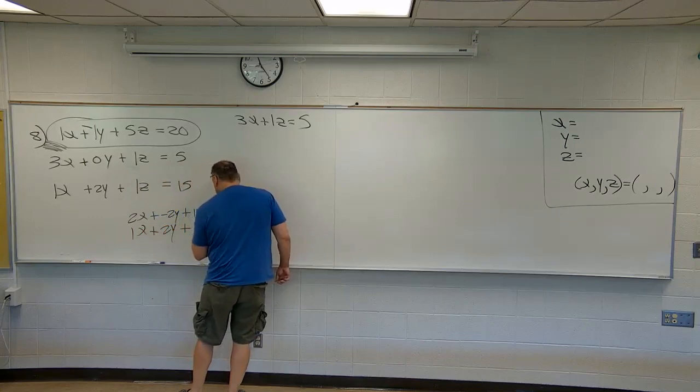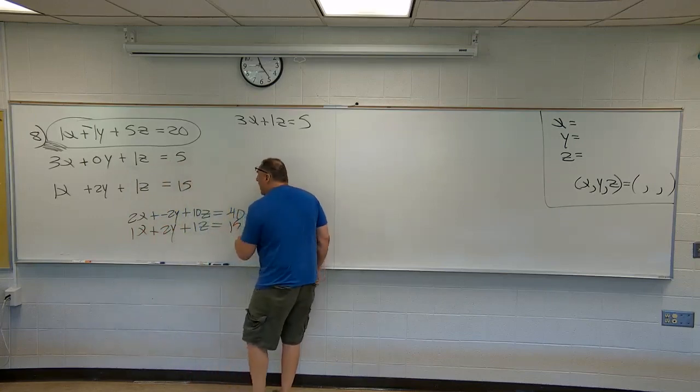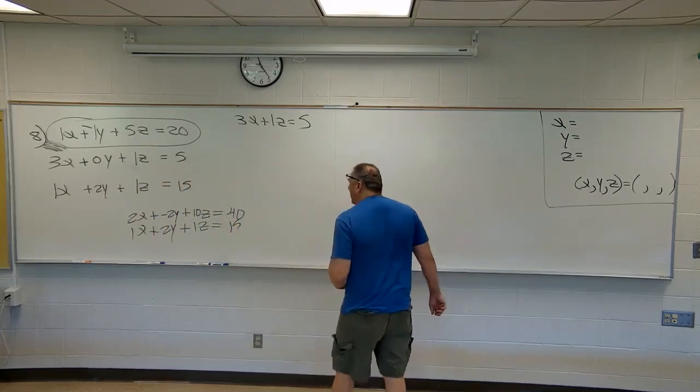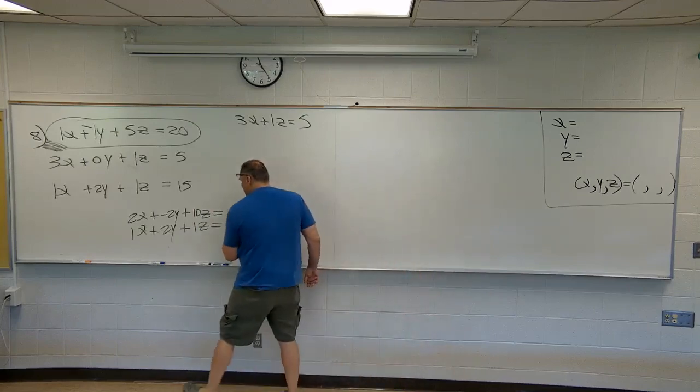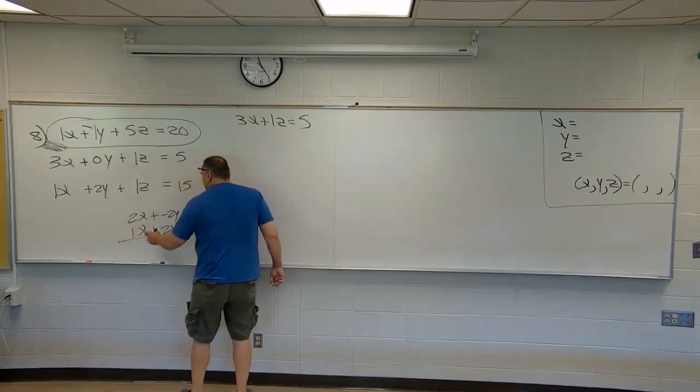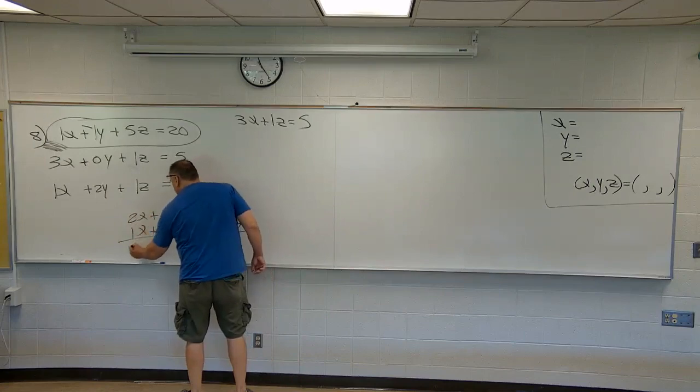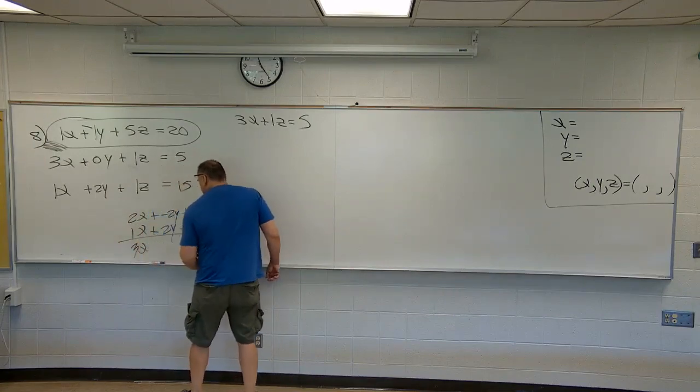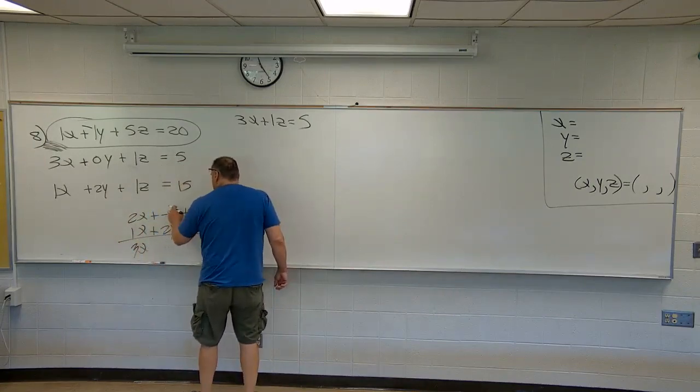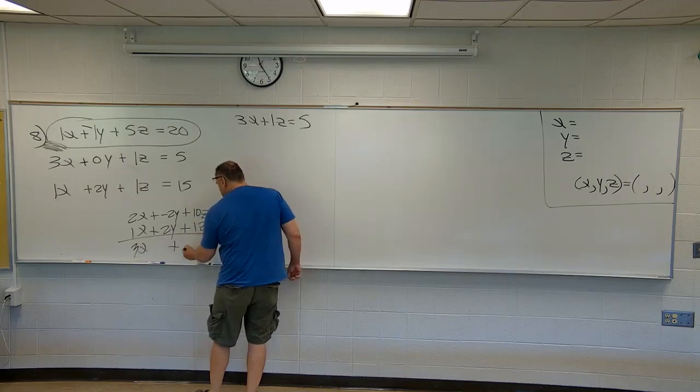What's staring me in the face? It looks like the elimination method is a good way to go here. Just add the stuff. What's 2x and 1x? 3x. What's negative 2y and positive 2y? Nothing. What is 10z and 1z? 11z.